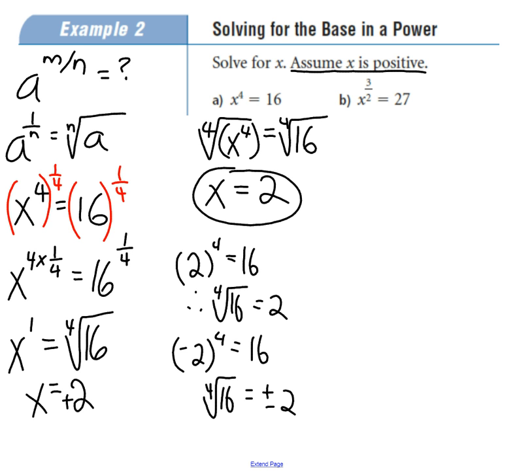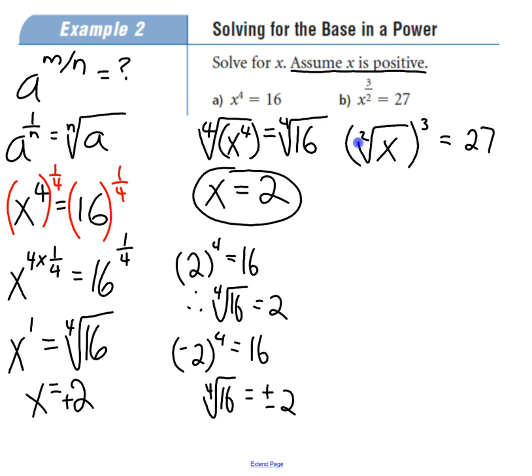So what this is saying is some number x raised to the exponent 3/2 is 27. Now we could write that as we've learned, that's the second root of x all cubed equals 27.